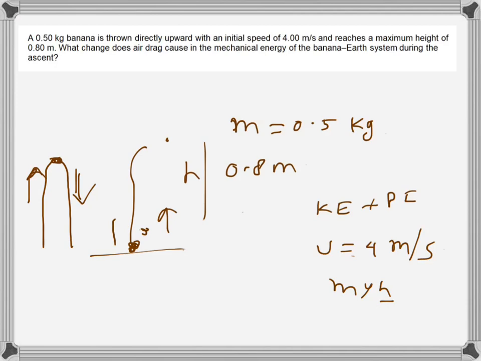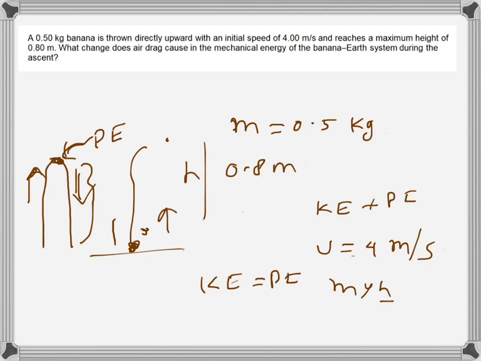And when the velocity is 0, that is when it has reached its maximum point, at that point we can calculate its potential energy, which is its maximum height times its mass times g, and that would be equal to KE, because at the maximum point, since its velocity is 0, its kinetic energy is 0. So all the kinetic energy is converted into potential energy.